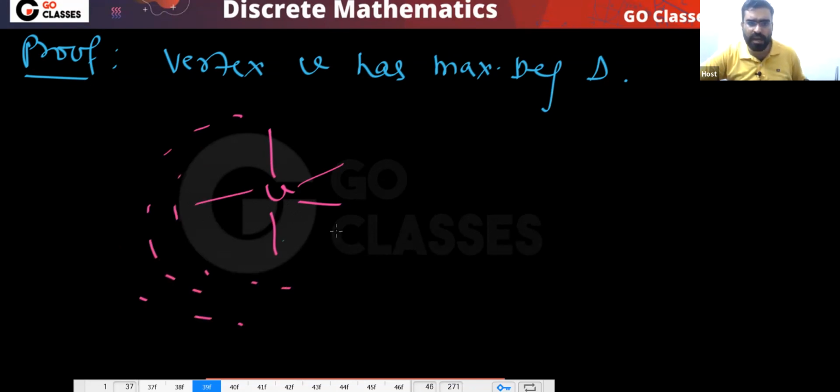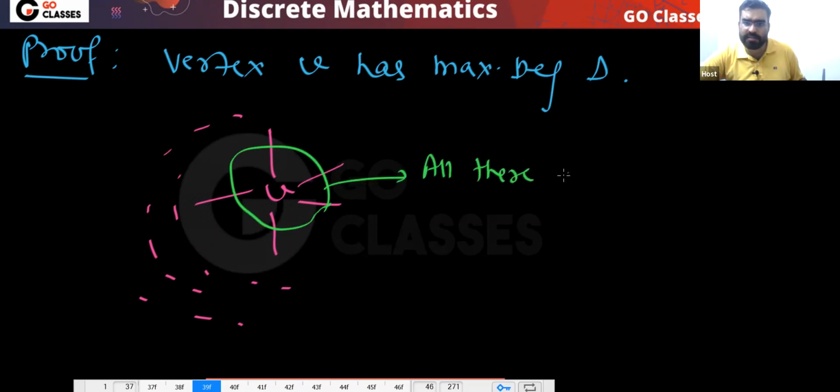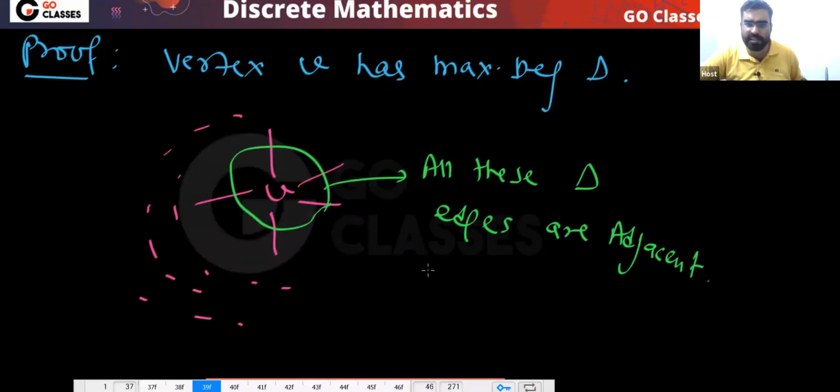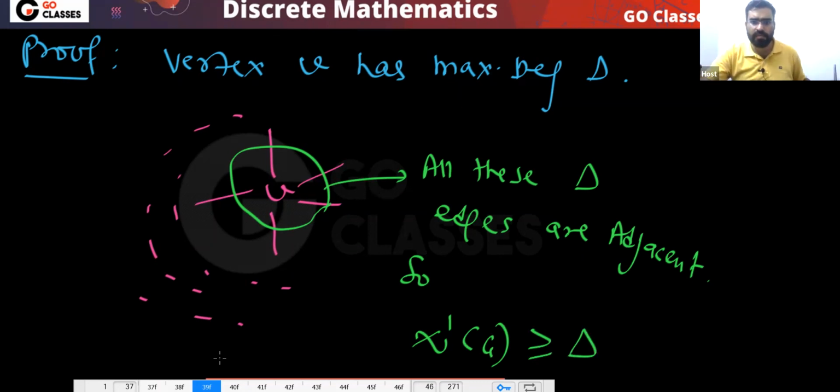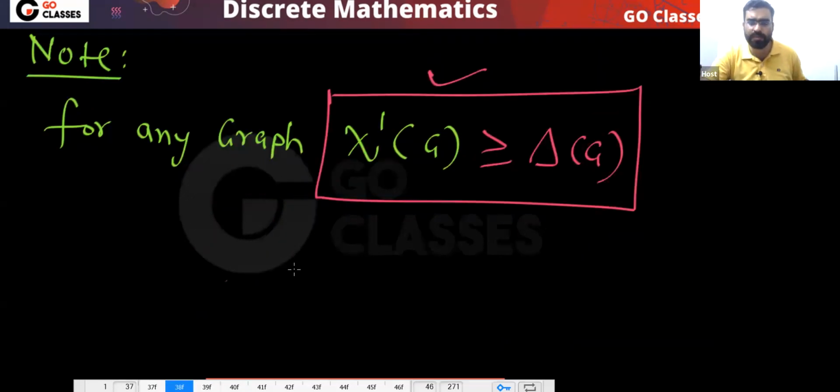But you can notice all these delta edges are adjacent. And because all these delta edges are adjacent, they should get different colors. So the edge chromatic number will definitely be greater than or equal to delta. Is this clear? Very simple proof.